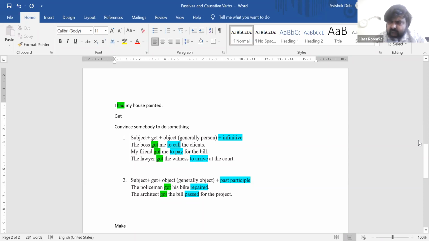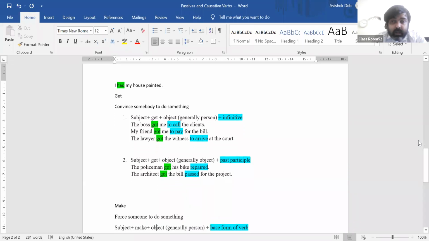So, I got my car repaired. Here my car was in a desolate condition. I got it repaired. I somehow convinced the mechanic, who had earlier refused to do anything for the car. I convinced him to repair it.